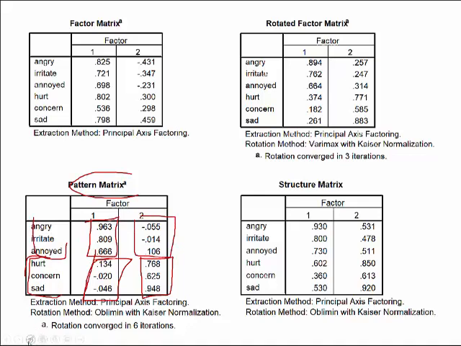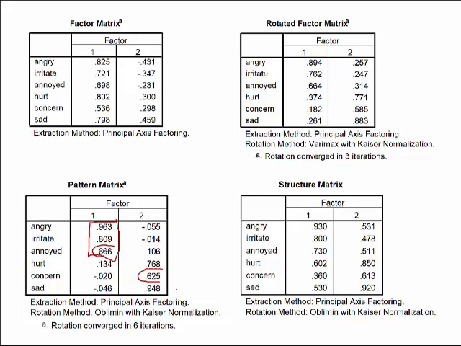So we have that same nice, clean, simple solution where each item has a high loading on one and only one factor and a low loading on all the other factors. Although if we compare, we note that these loadings are not quite as high as when we did a principal components analysis. For example, we got a 0.66 and here's a 0.625. Those are still good loadings.